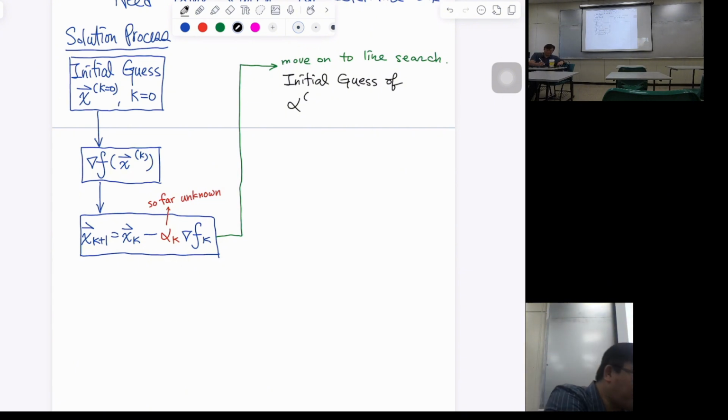I will use m. So I will have a guess of alpha at iteration n equals 0, just some number. Let's say 1, 0, any number. And then the line search iteration starts with n equals 0.